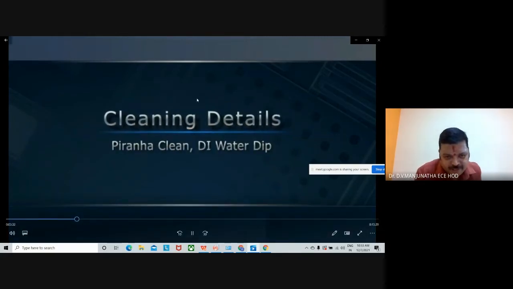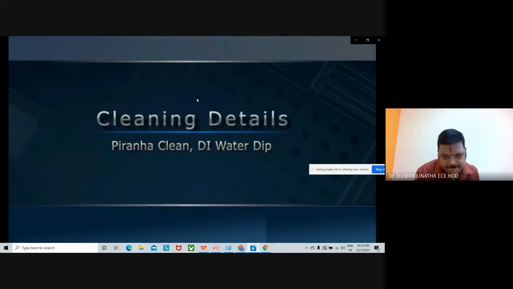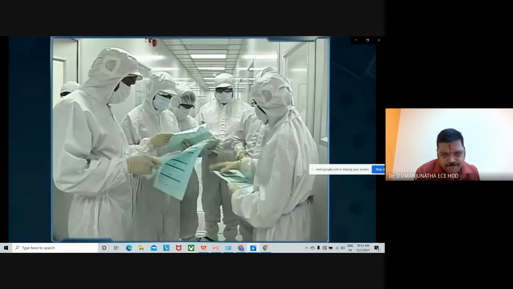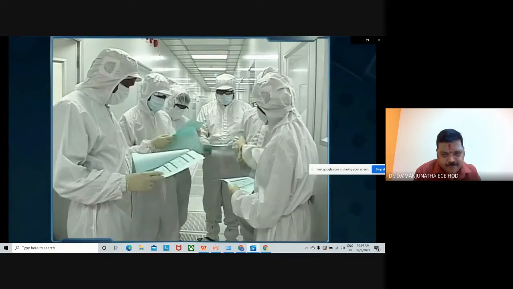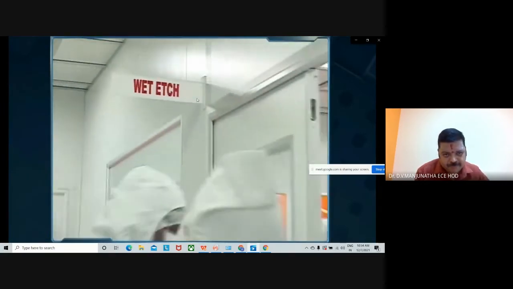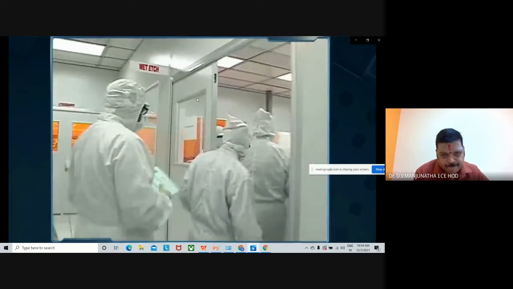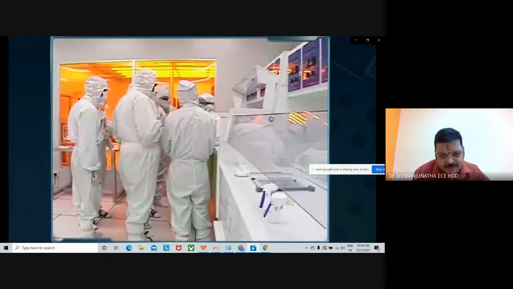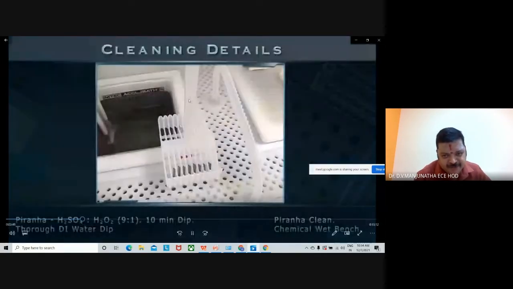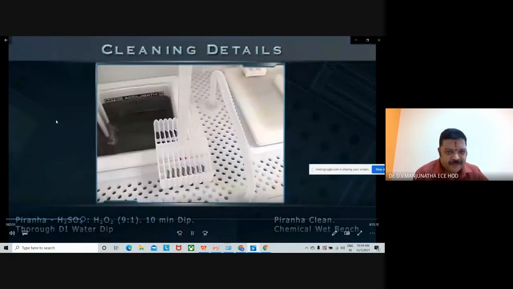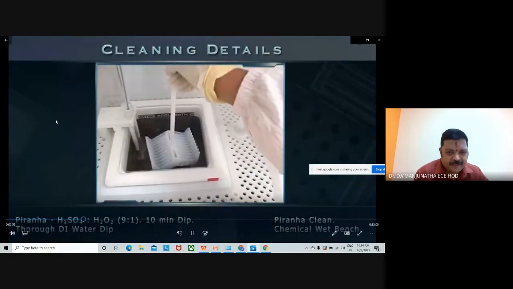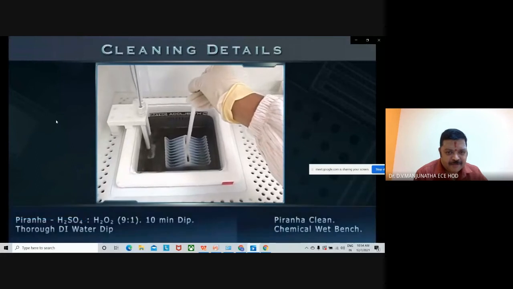We initiate MEMS cantilever fabrication by cleaning the SOI wafer. Cleaning plays a very important role in the fabrication. First, we place the samples in a wafer holder and dip it in the piranha bath of the wet bench.